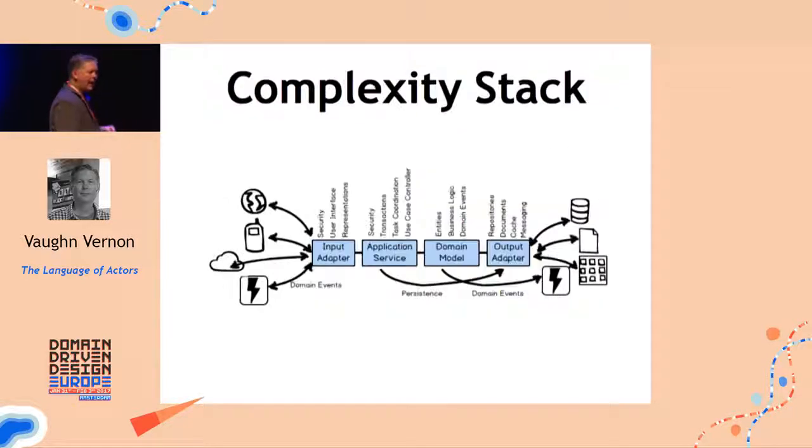Okay, not so bad, but when you consider the actual components in each of these layers and the potential concerns that each layer has to deal with, I think that this is, in many cases, a very complex system. I refer to it as the complexity stack.